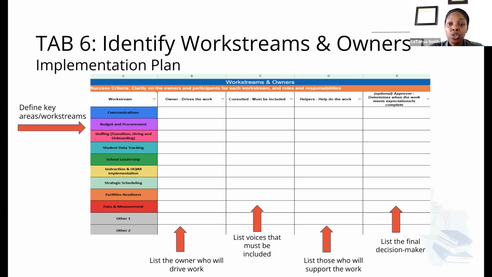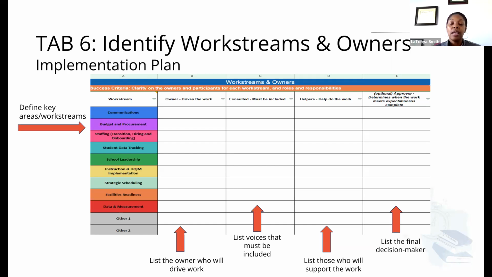Now, remember that each work stream will have a number of goals within them, but who is going to own that work stream for that particular part? So for communications, it may be your director or superintendent or director of communications. Who are the voices that need to be included?